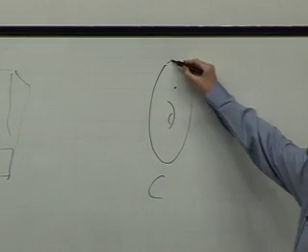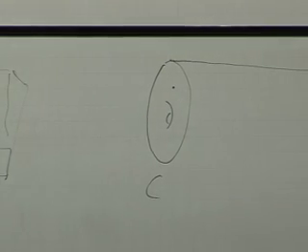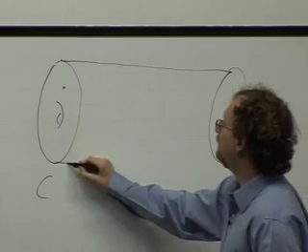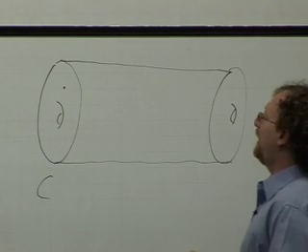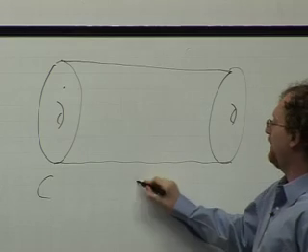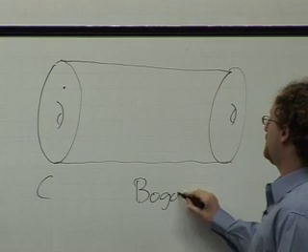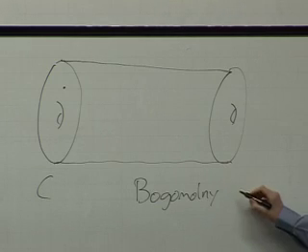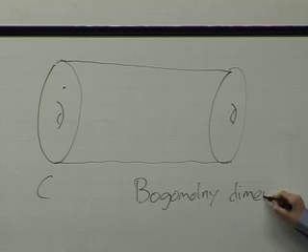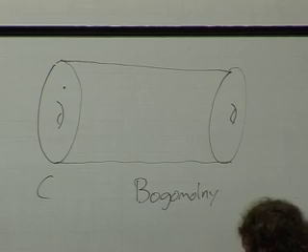What Kapustin and Witten say is, well, let's let some time evolve. We now have a 3-manifold, C cross an interval. And now we're going to look at the space of solutions of the Bogomolny equations. These are the monopole equations, the 3-dimensional equations coming from reduction of the 4-dimensional theory. This is the 3-dimensional version of Hitchin's equations in 2 dimensions.